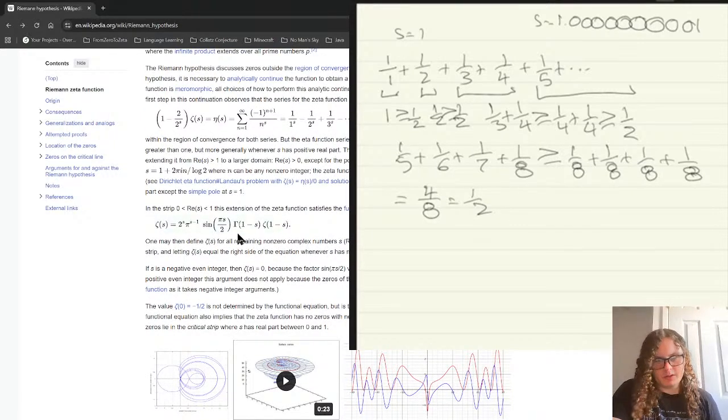Okay, so this functional equation. What 1 minus s does is, if s is greater than 1, then zeta is calling a negative.